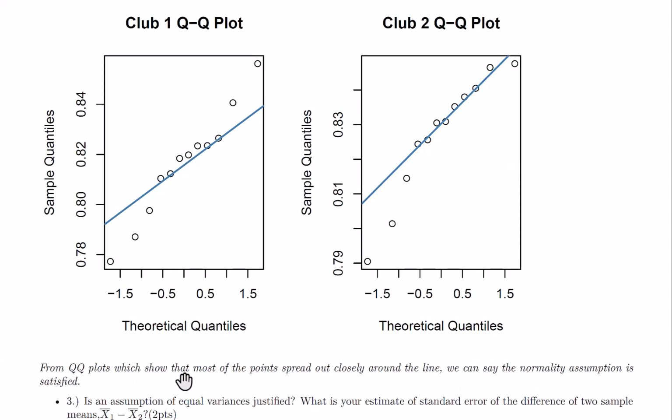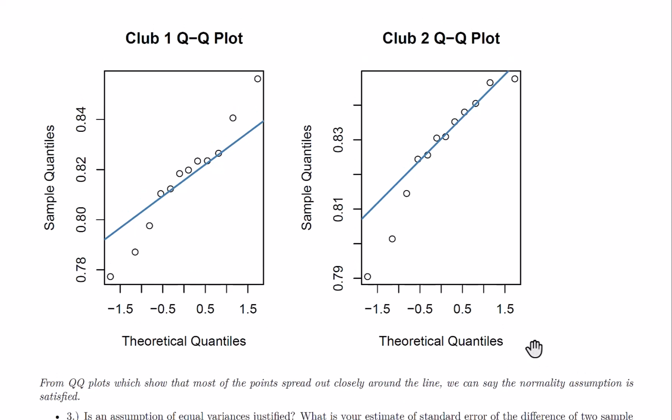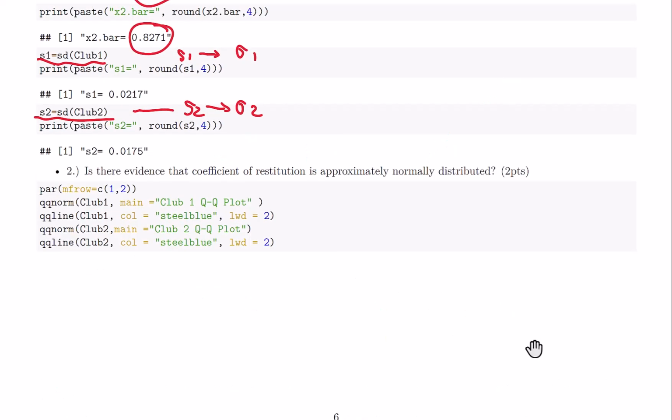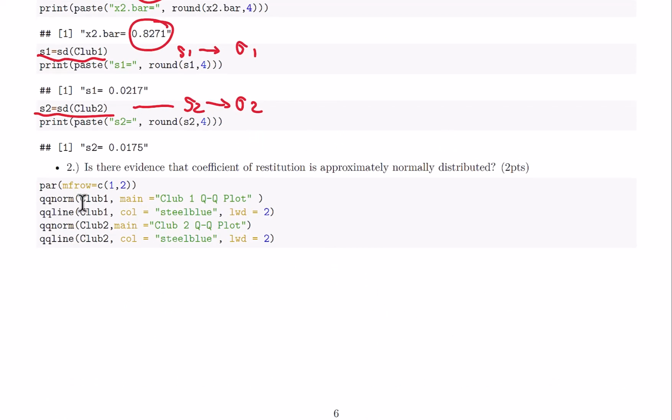From the normal plots, which show that most of the points spread out closely around the line, we can say the normality assumption is satisfied. Here, we do not need to be that strict. Okay, cool. This is the code for how to get this QQ plot for both club 1 and club 2.